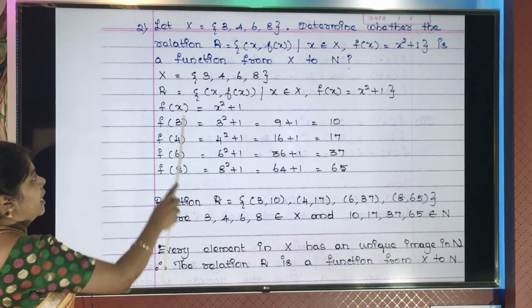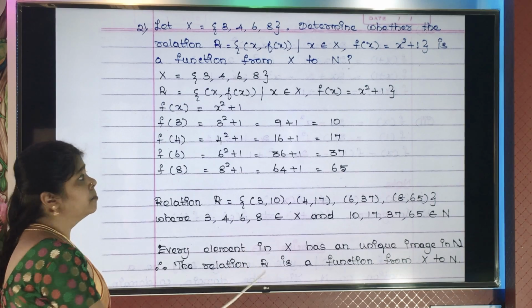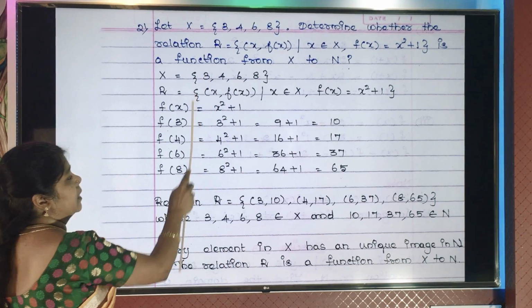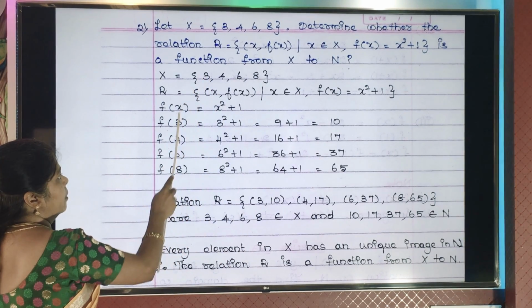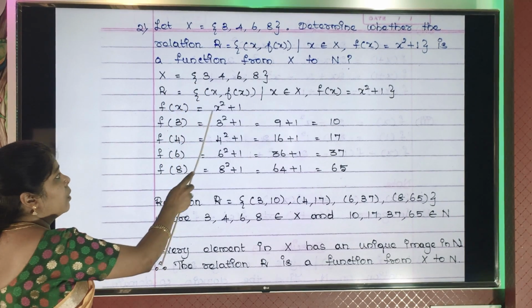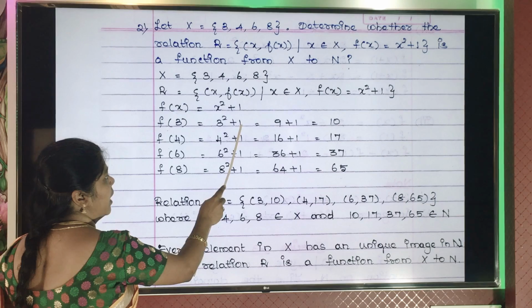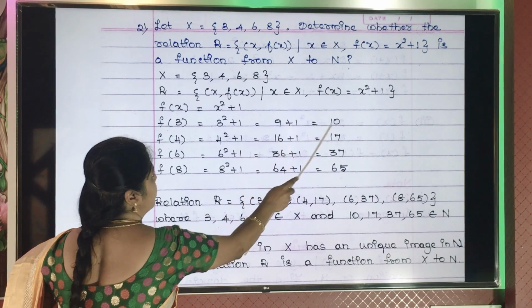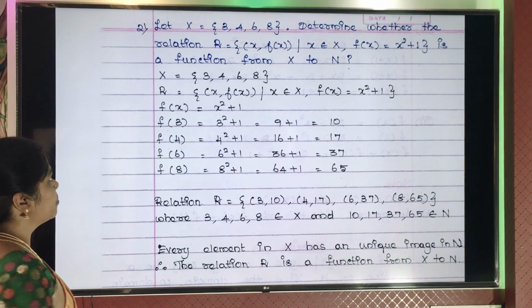So they have given the rule for f of x, right? We can take the value of x from here. So put x in the place of x, you substitute 3. What you get? 3 squared plus 1, which is 9 plus 1. The answer will be 10.